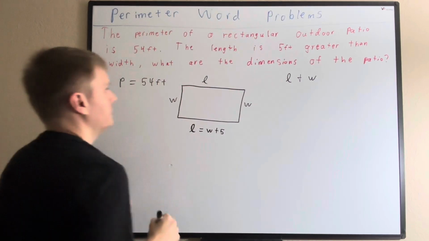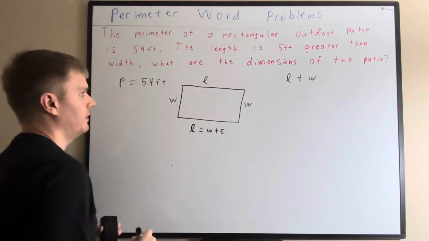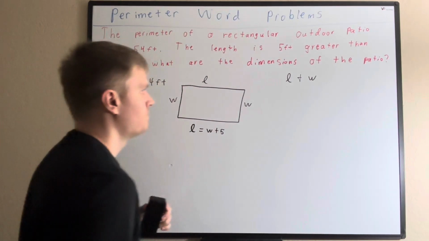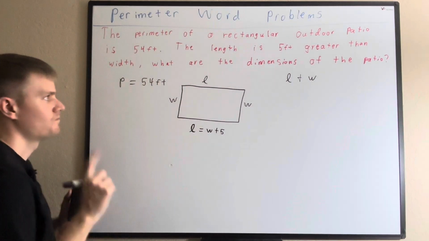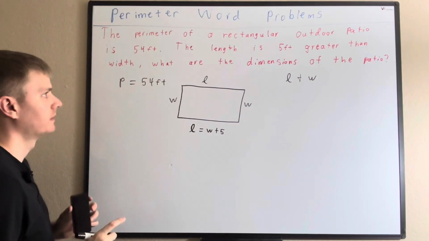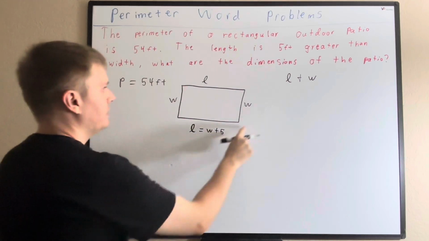So, what are the dimensions? Well, how are we going to figure that out? What is the formula for finding the perimeter? We just add all these together, right?